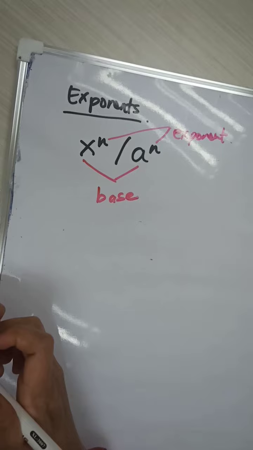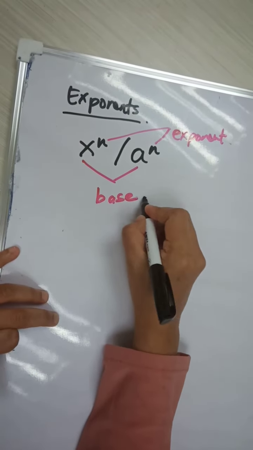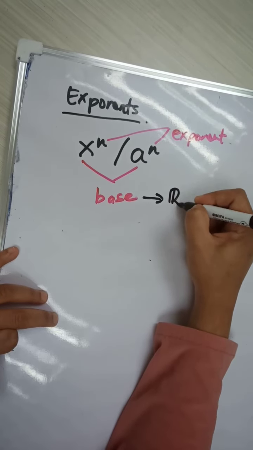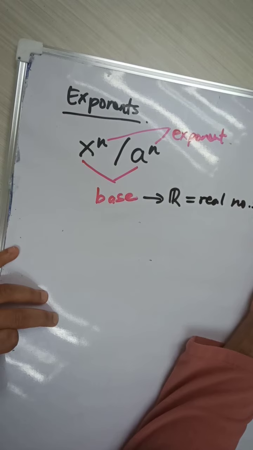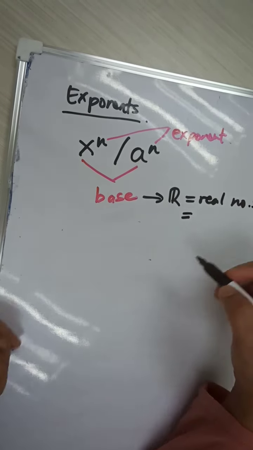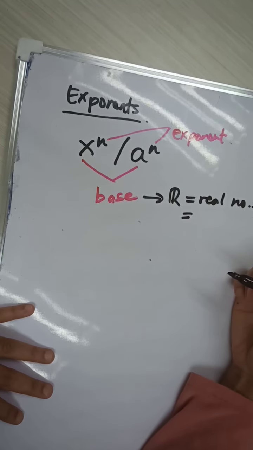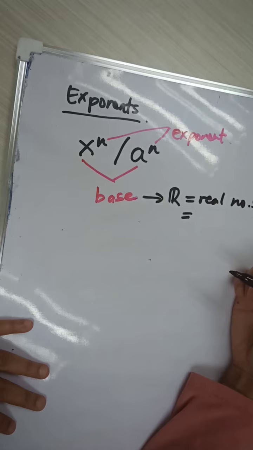exponent. Our base must consist of R. What is R? R is real numbers. And for those who are wondering what real numbers are, it can be all numbers. I think all of you are already familiar with prime numbers, natural numbers, whole numbers.